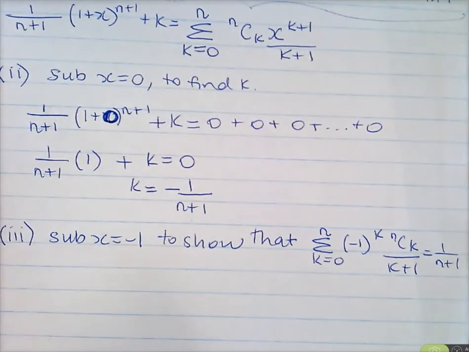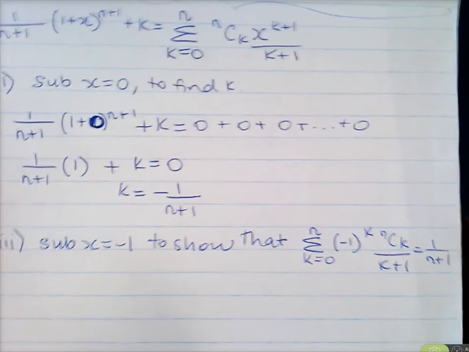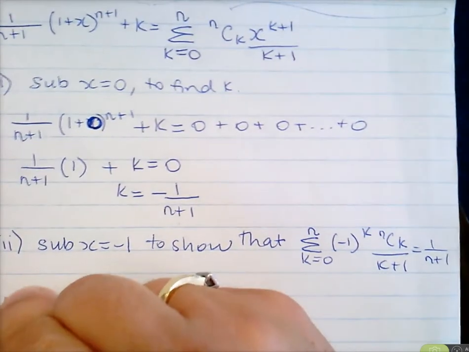So we're substituting x is -1 into the original expression, and putting in that value of k that we know.